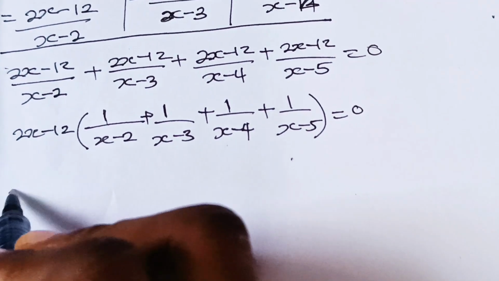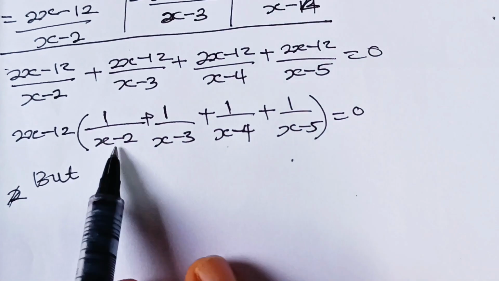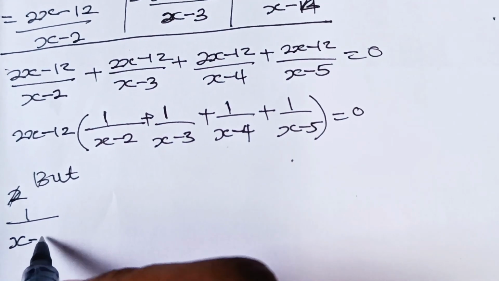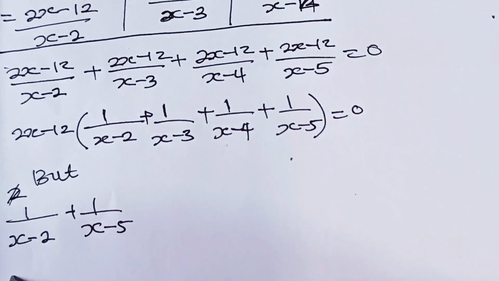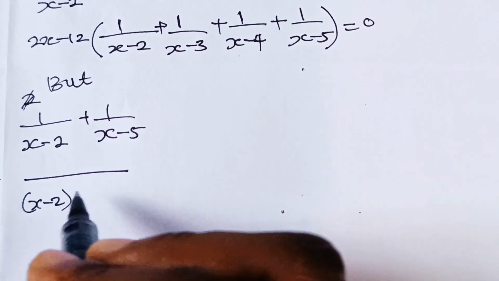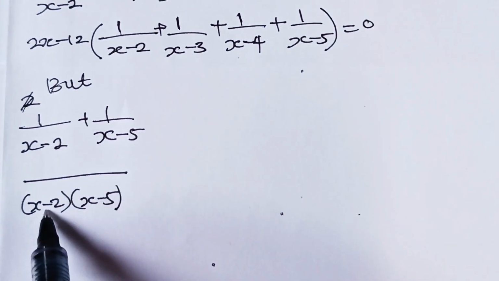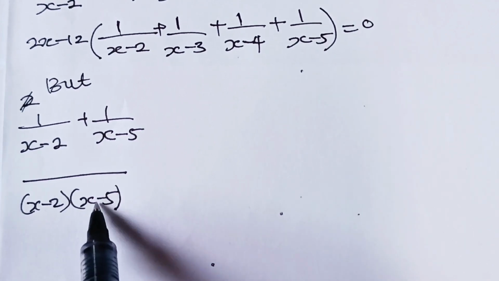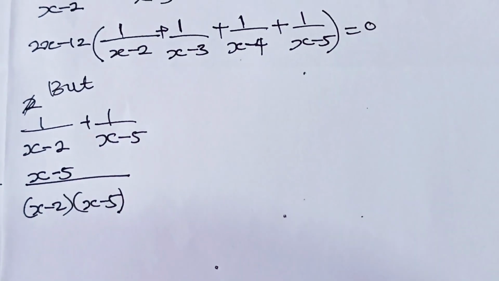Okay, so we have, but I'm not going to add this to this one, right? 1 over x minus 2 plus 1 over x minus 5. Now the LCM is x minus 2 multiplied by x minus 5. When this is divided by this, we have x minus 5 remaining. x minus 5 times 1 will still give us x minus 5.